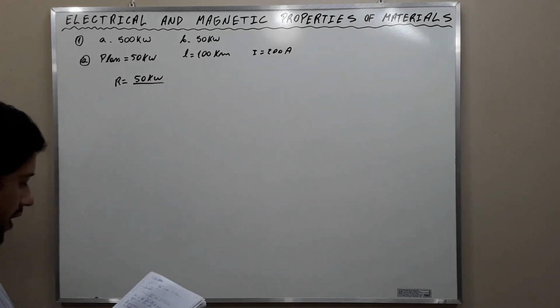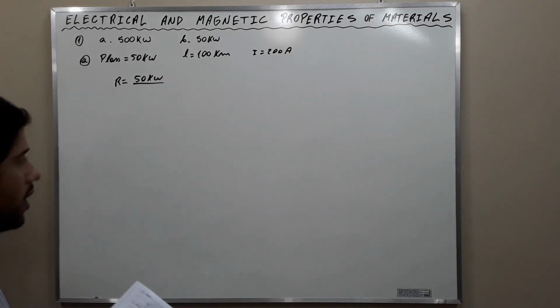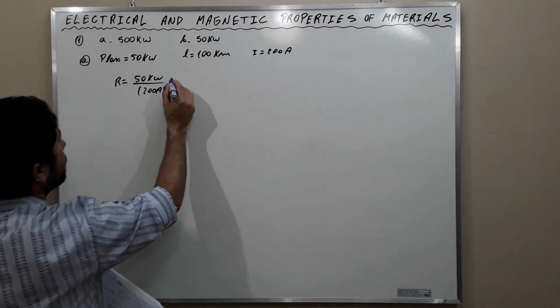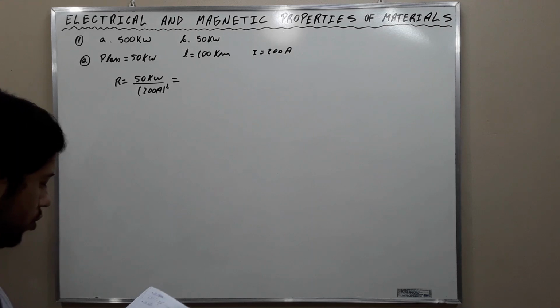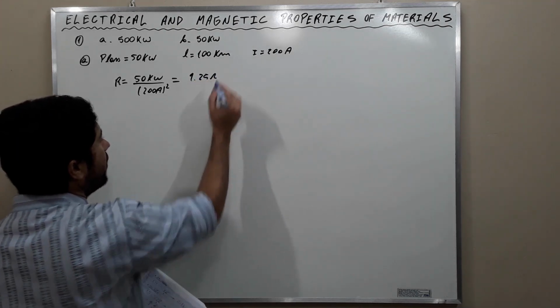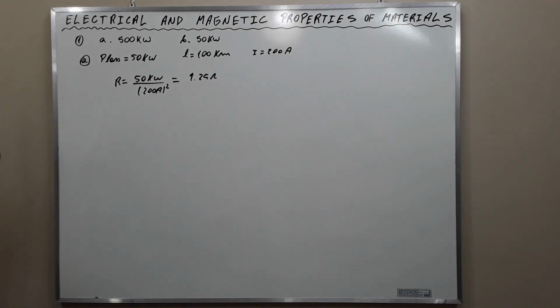Fifty kilowatts divided by 200 amps squared is equal to only 1.25 ohms. Okay, a very small resistance for a 100 kilometer cable.